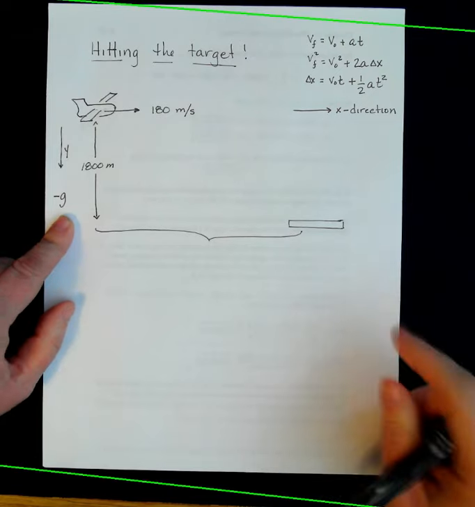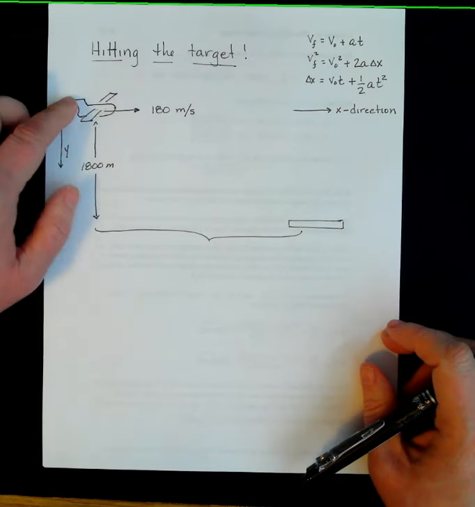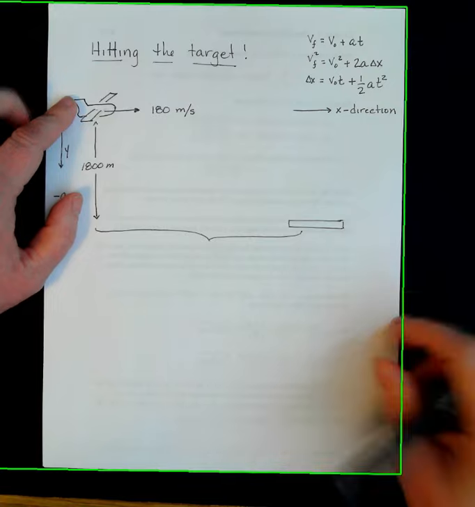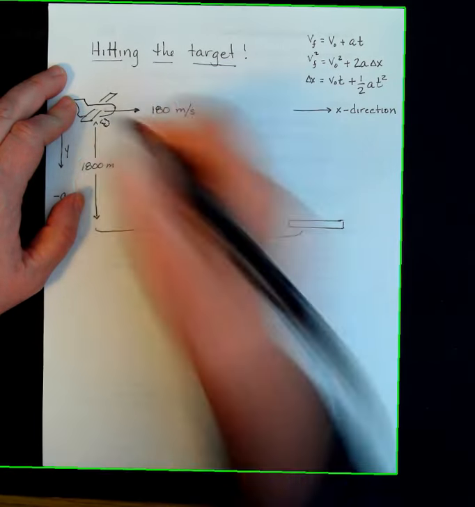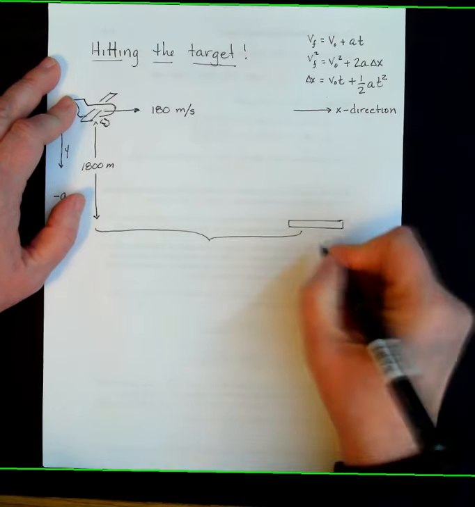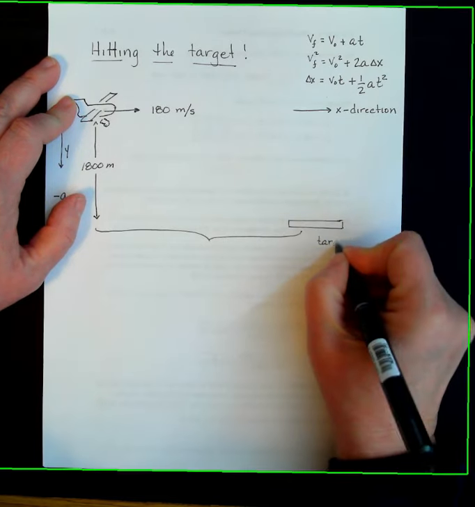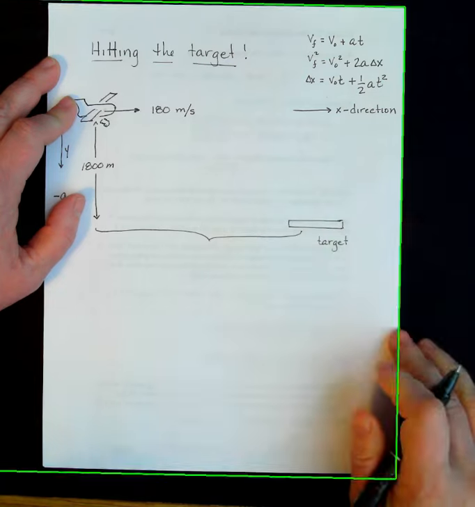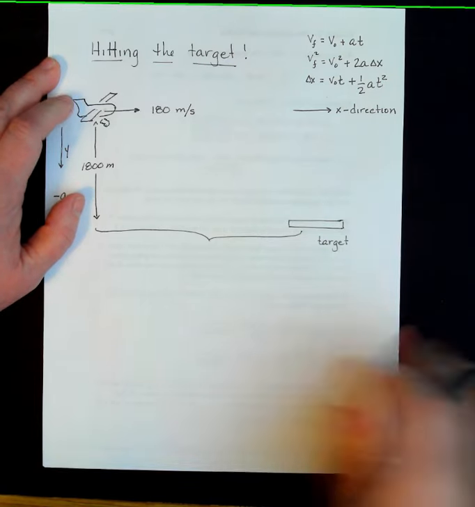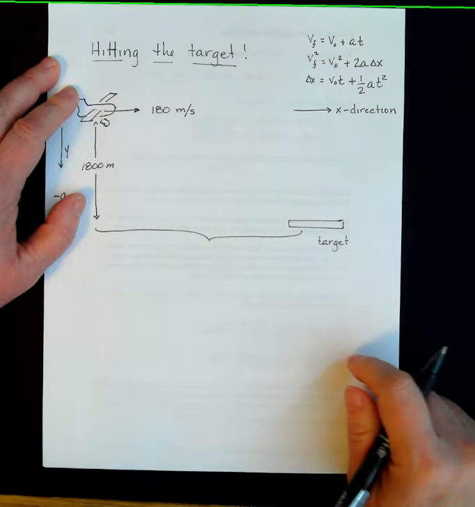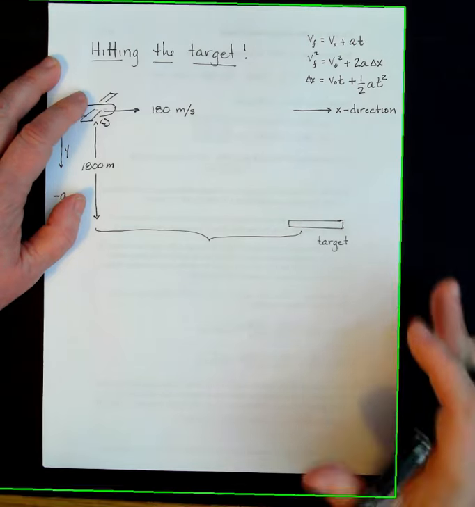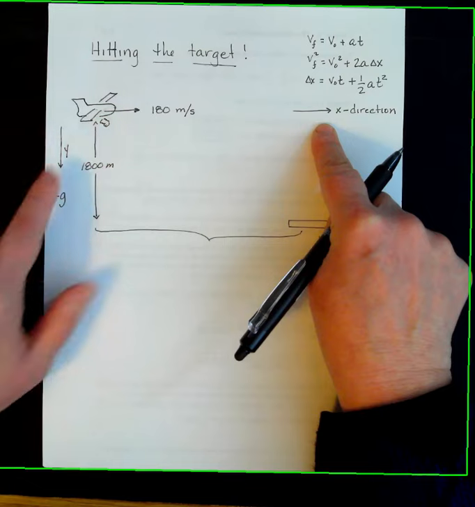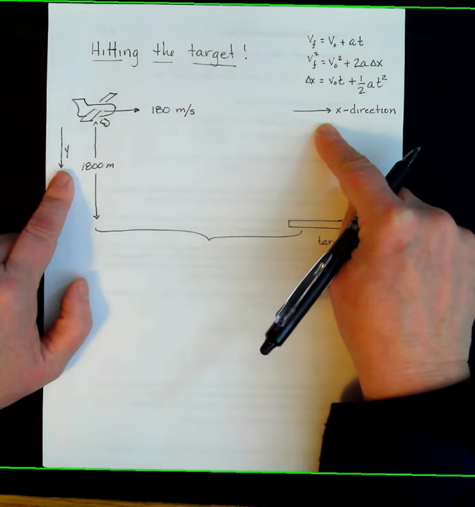And if I have this situation where I've got a plane flying horizontally, and it's going to want to drop some water onto this target here. And we want to make sure we hit the target, because if we're doing this for wildfires or something like that, we want to make sure that we're going to hit the target. Now, the motion in the x direction is independent of the motion in the y direction.